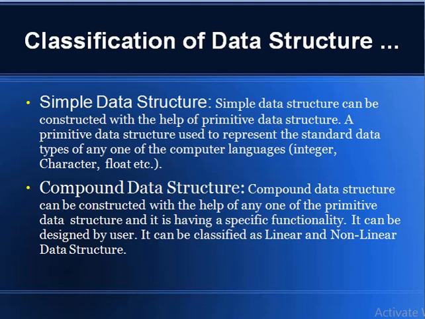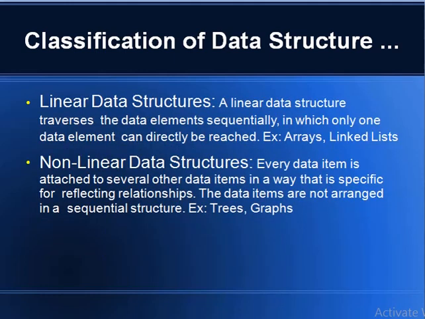It can be classified as linear or non-linear data structure, as I have already mentioned. A linear data structure traverses the data elements sequentially, in which only one data element can directly be reached. That is, it may be an array, a linked list, or a stack as well.